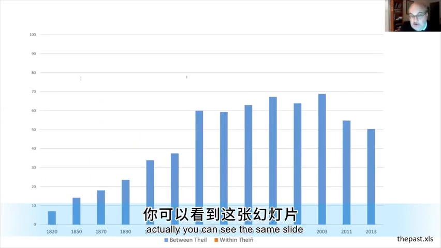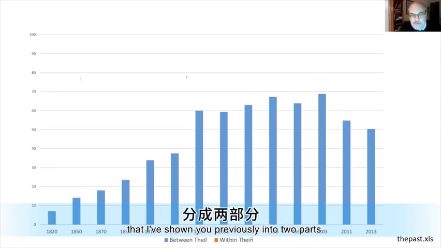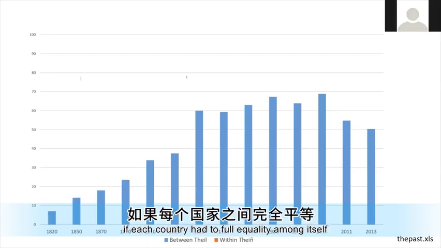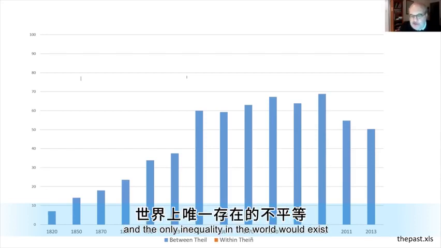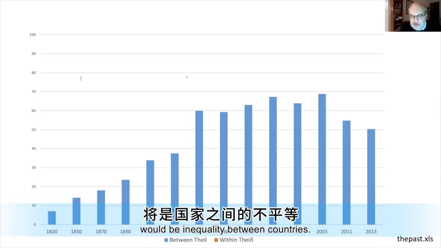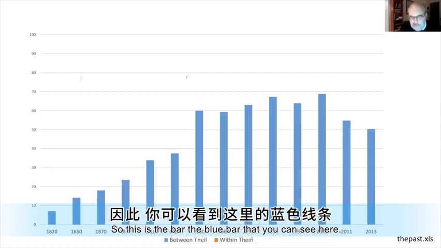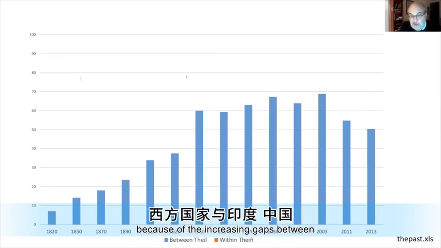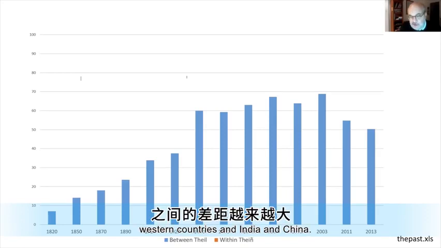Differently from what I already said, you can see the same slide. Actually, I'm now breaking the slide that I've shown you previously into two parts. One part simply shows the total inequality if each country had full equality among itself, and the only inequality in the world would be inequality between countries. So this is the blue bar that you can see here. As you notice here, you have the rising inequality in the 19th century because of the increasing gaps between Western countries, and India and China on the other hand.